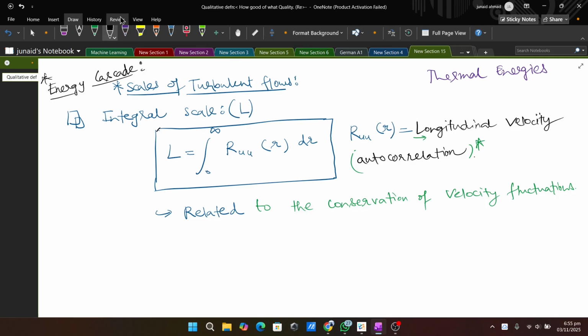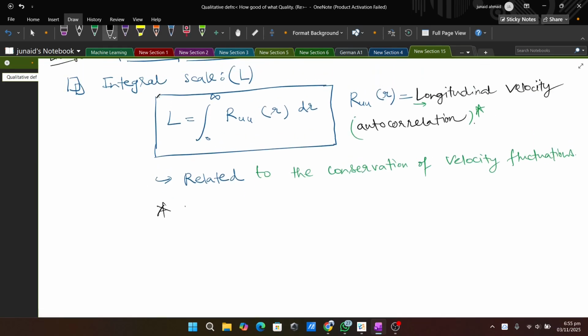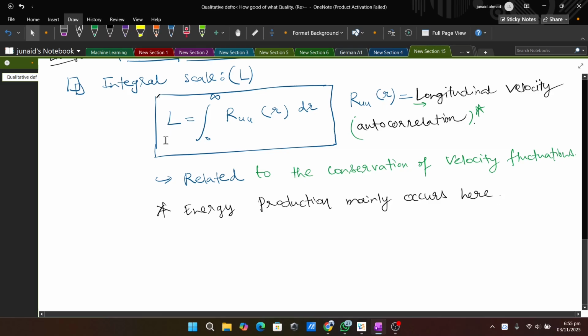Energy production mainly occurs here. Okay, so we will also know about the energy production. Basically, it mainly occurs here. And roughly we may call it the size of the biggest turbulent eddies.